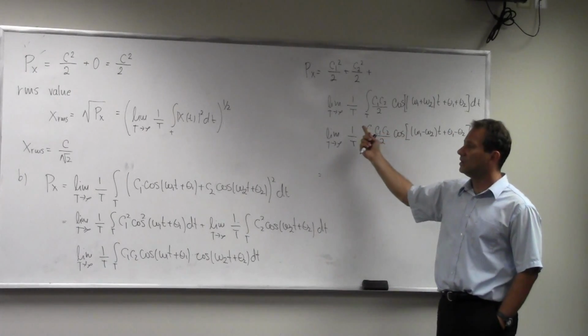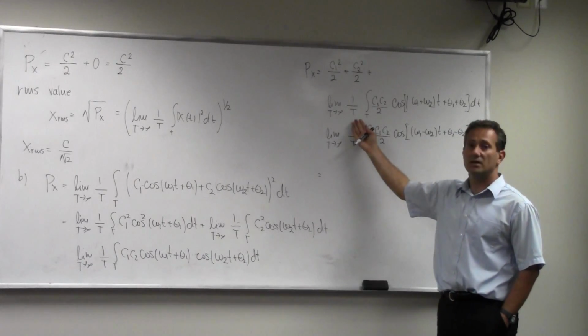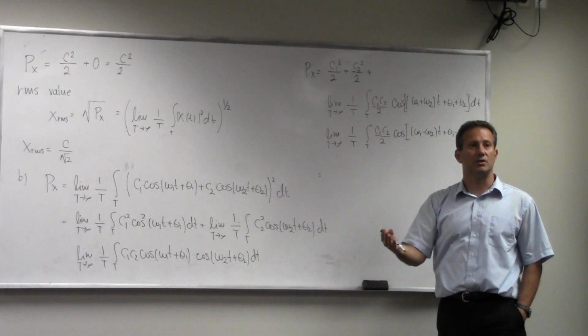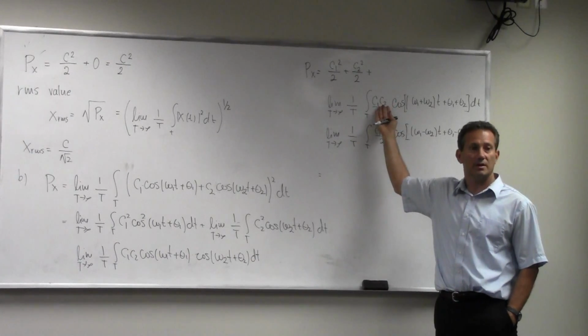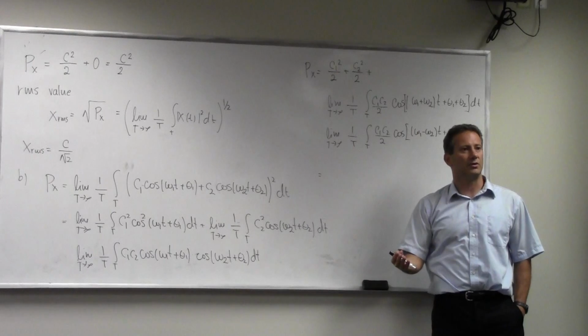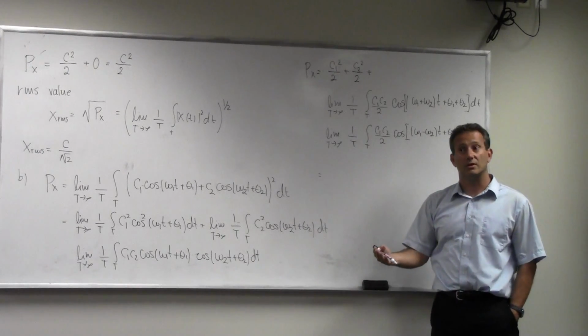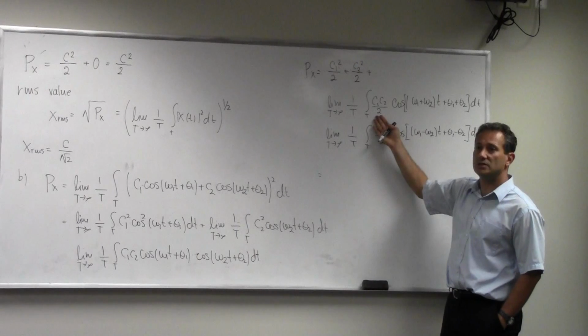You actually think about what they physically mean. This integral is a time domain averaging of whatever is underneath it. So if the function is cosine, what's the time domain average of the cosine? Zero. This is a pure cosine, so the time domain average is 0.